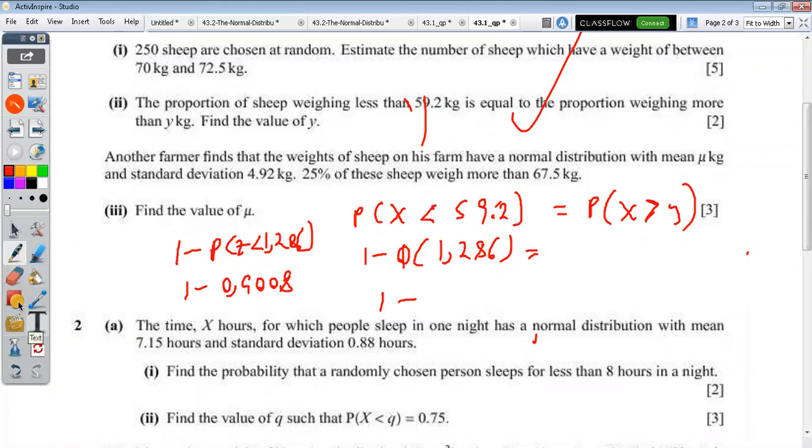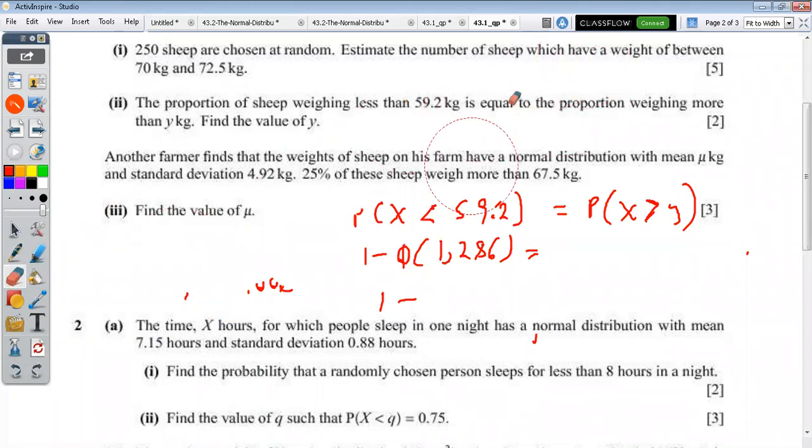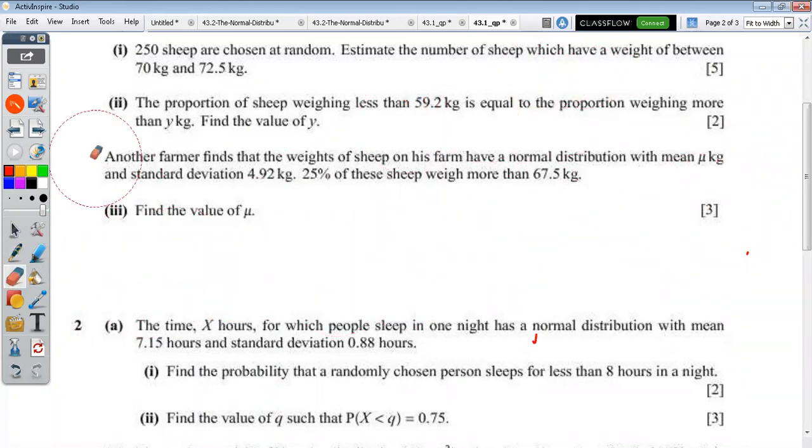This is where it can become tricky to some of you, but it's not difficult. Those are the questions that they like, these questions here. Even in the June paper, there are similar questions.